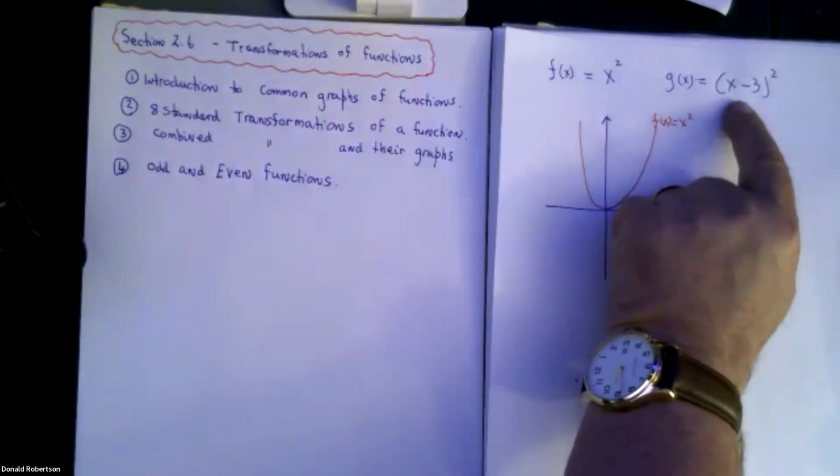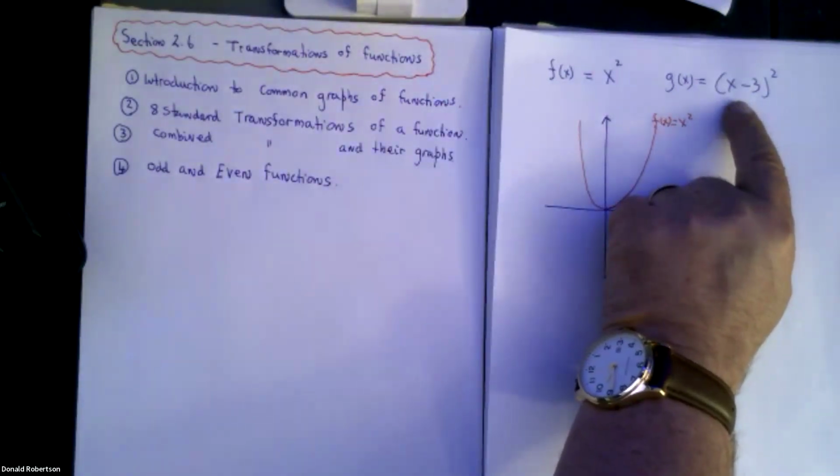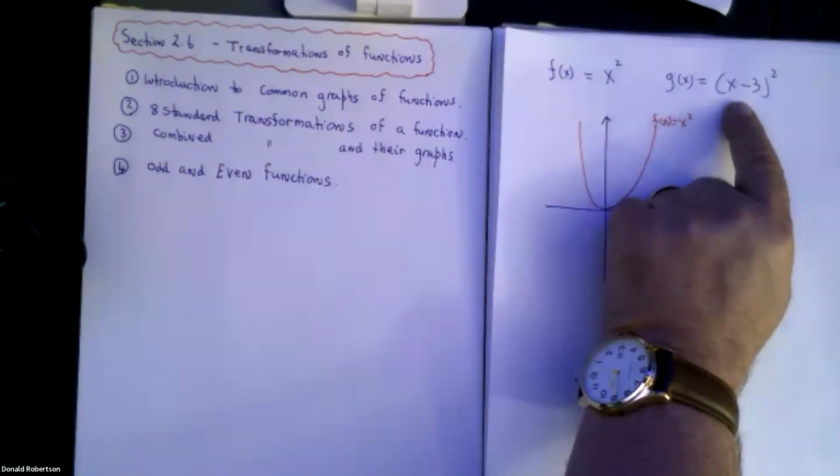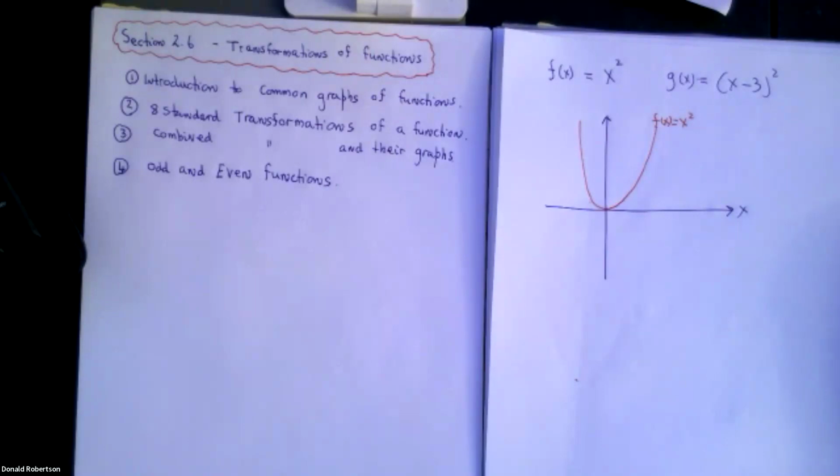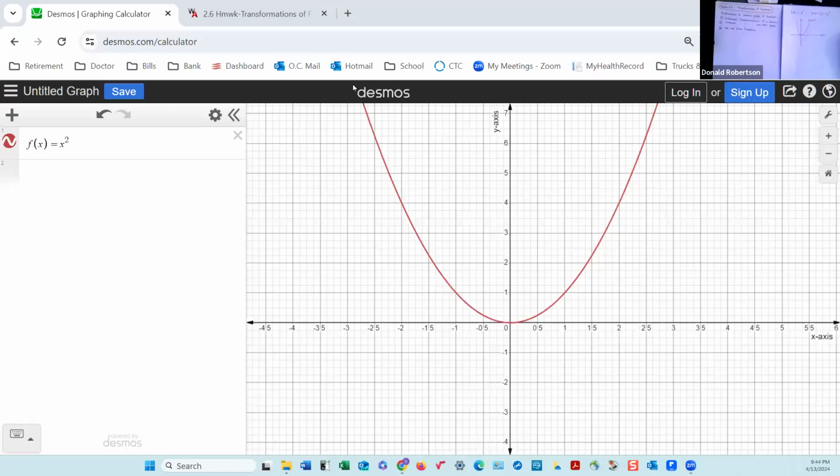Now you can certainly put that into Desmos and graph it, and you'll see what it looks like. And that's kind of helpful. And so I'm going to try and do that just to show you what it looks like. If you bear with me, here we go. Now, there is the pretty normal quadratic x squared.